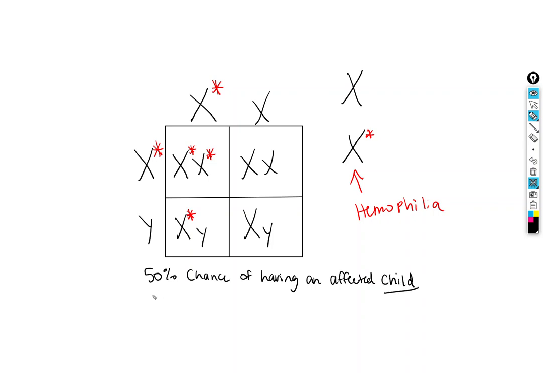There is only a 25% chance of having an affected son. And there is a 25% chance as well of having an affected daughter.